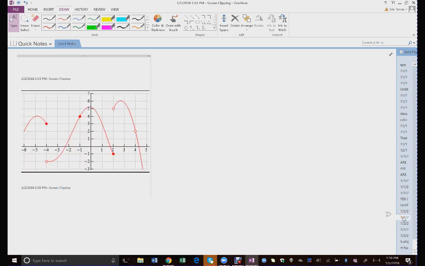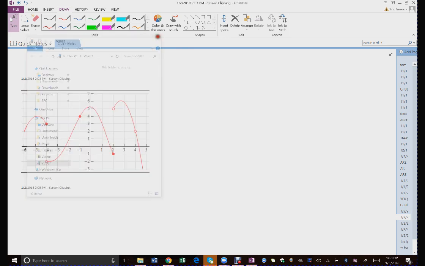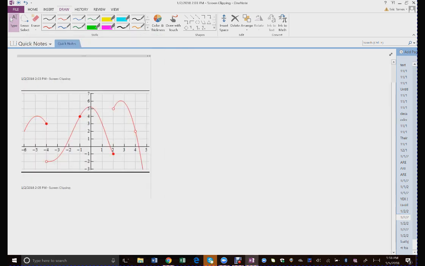So, looking at the graph, we're going to find the limit of f of x as x approaches -1.